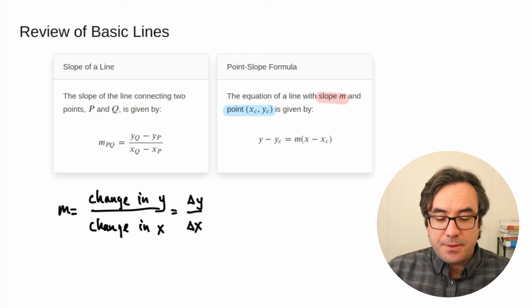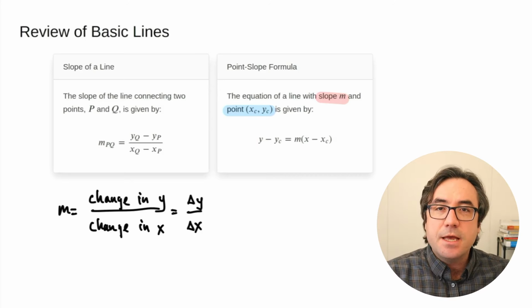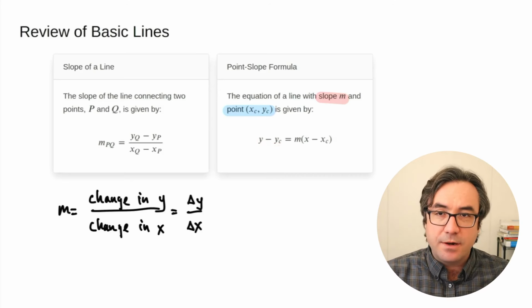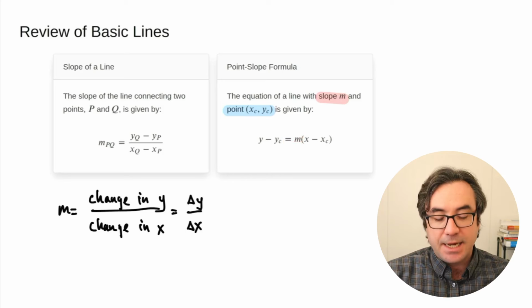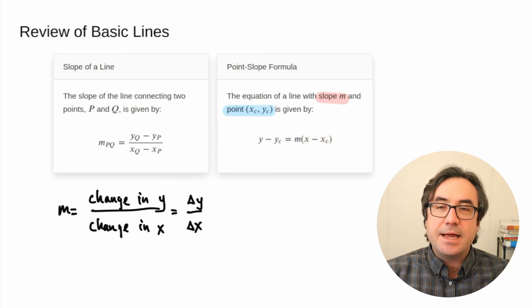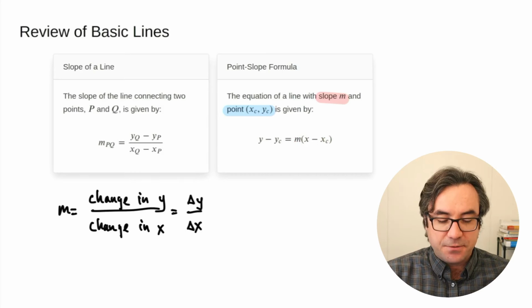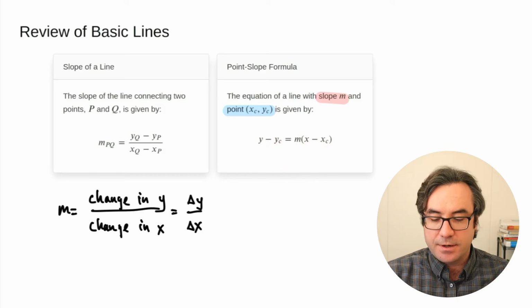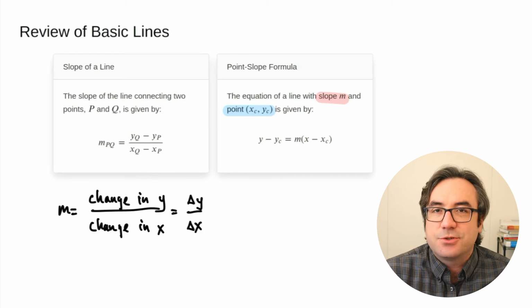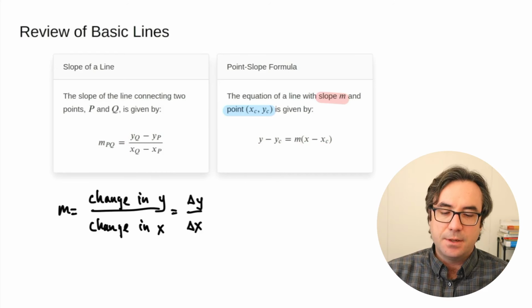And the point slope formula, this is the one we're primarily going to be using, is y minus the y coordinate of our point set equal to the slope times x minus the x coordinate. And you can kind of remember this formula by just dividing both sides by x minus the x coordinate, and then we have essentially the formula for slope.